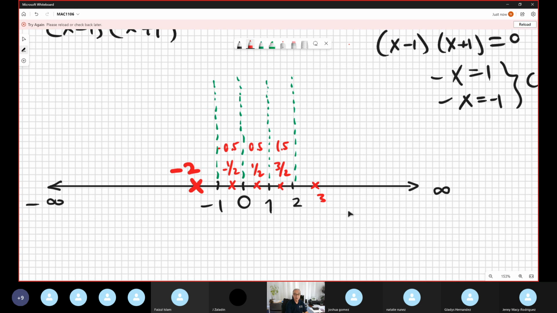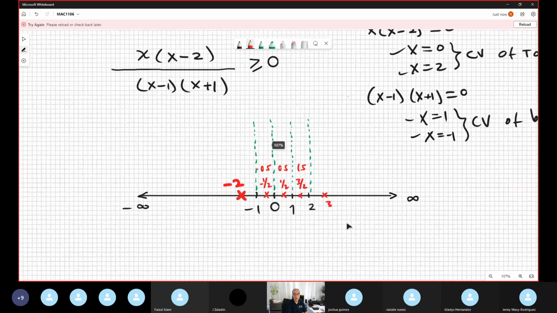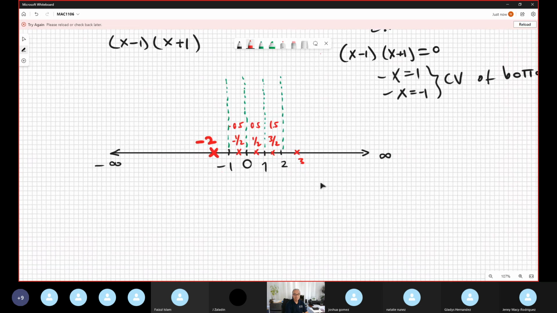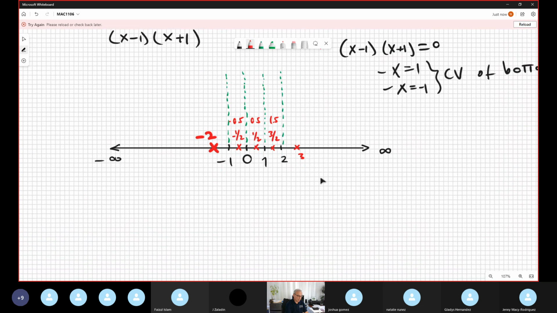I need to verify if the inequality is a solution or not in each interval. Okay, let's do it in the table. The table is not strictly necessary, but I like to organize the work.